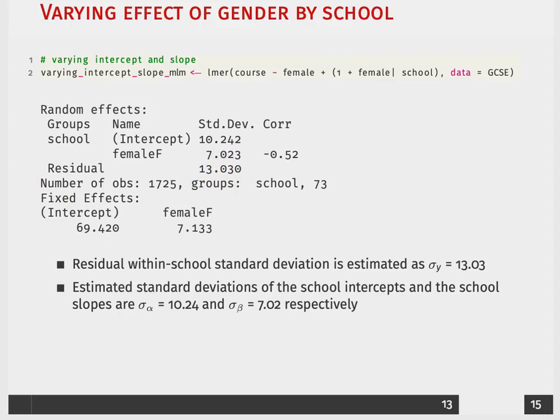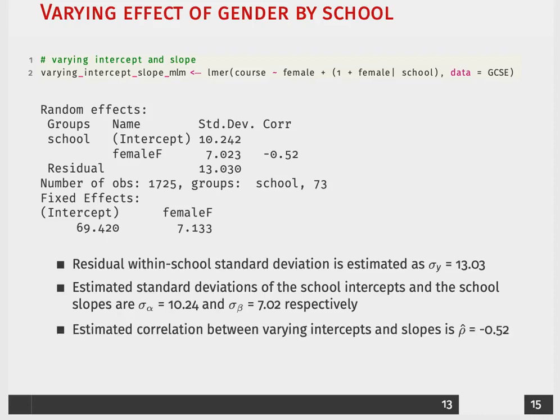So if we just had a factor for school. Now, this is implying to me that it is a good decision for us to model the variance across schools as well as allowing for the effect to vary across schools in our goal of trying to estimate the overall effect of being female on test score.